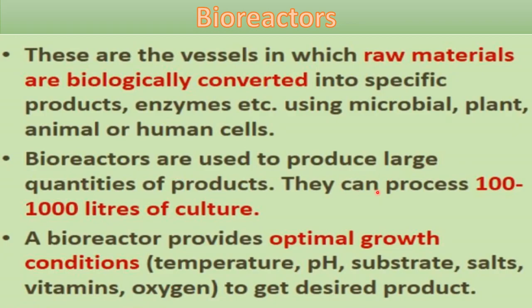They can process 100 to 1000 liters of culture. Culture means the nutrient medium and the microbes which are kept in it. So all that solution is kept in bioreactors, and up to 1000 liters of culture can be processed at one time.